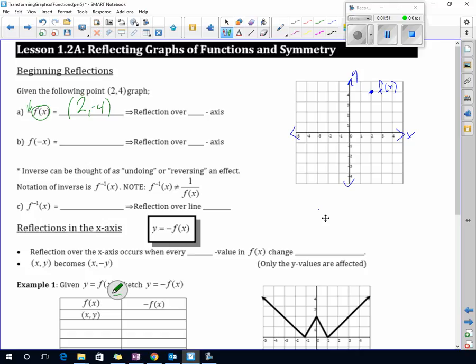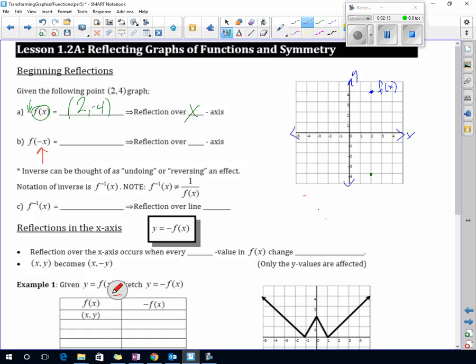Okay, how about f of negative x? Oh, so we're getting smart here. So yes, I'm changing the input, so that's my x. So 2's not going in. I'm actually changing the 2, and it's becoming -2 is going in, and 4 is coming back out.